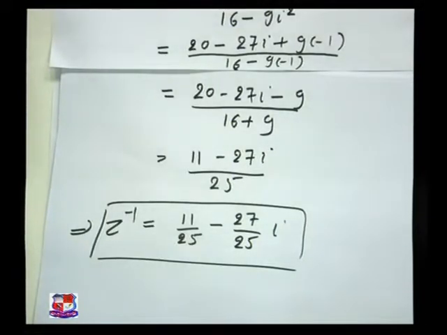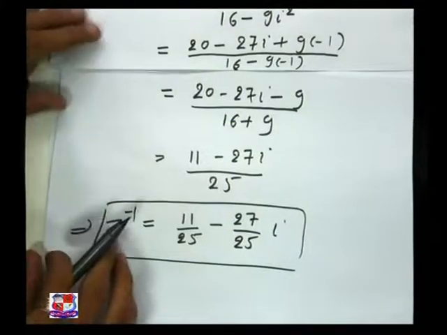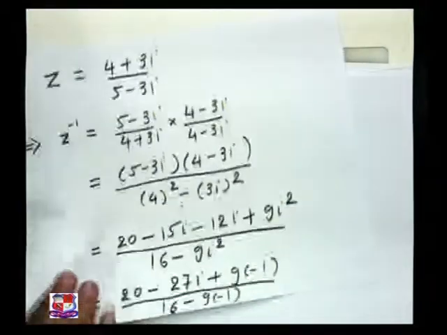So in this way we can find the inverse of any complex number. Let us look at one more example of simplification of a complex number, where the question is to obtain the value of x and y.